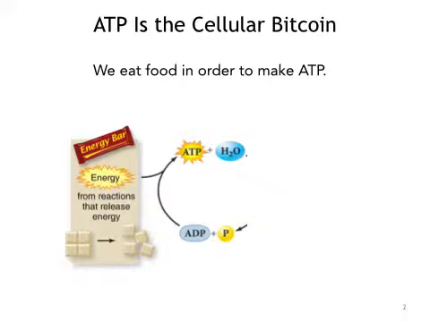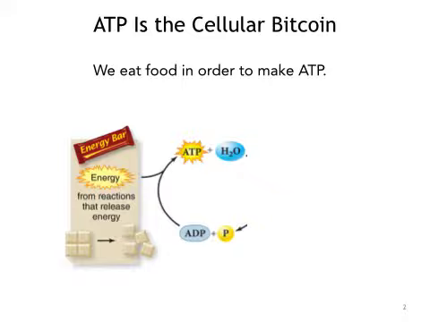Let's look back at what we were looking at last week. The main gist of it was that we eat food in order to make ATP. So there you have a picture of your energy bar that you're consuming, and that energy bar is going to provide the energy to make ATP.